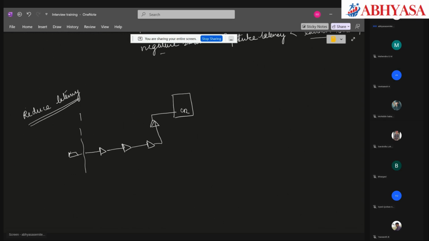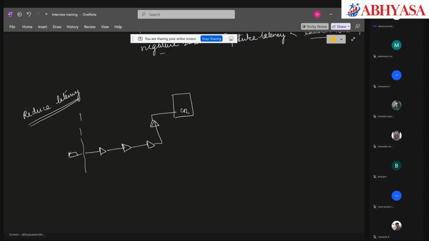Now, if I want to reduce my latency, simple. What are we doing in setup fixing? We are reducing the delay, right? In setup fixes, we are basically reducing the delay. Exactly the same principles we will use for reducing the latency also.